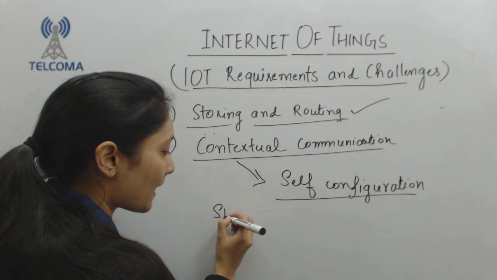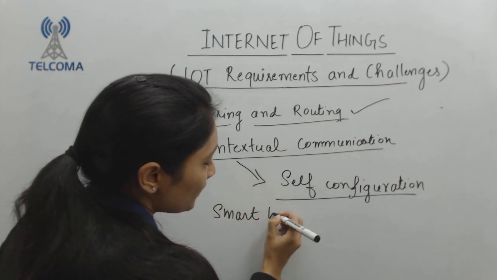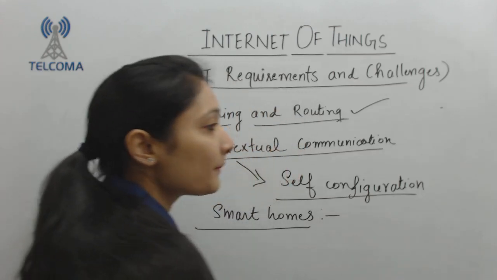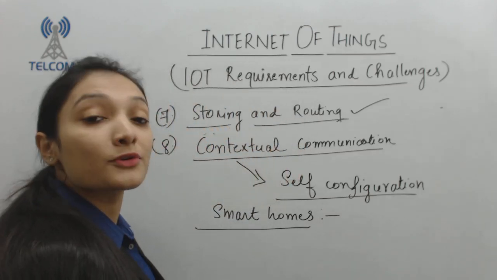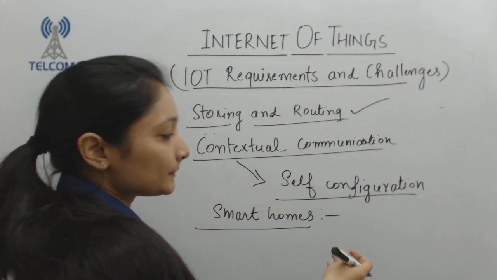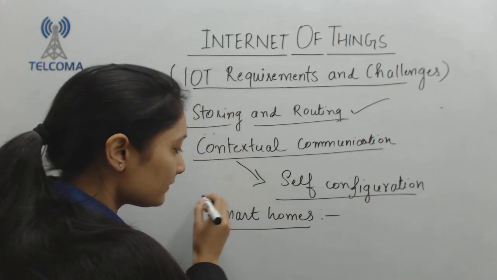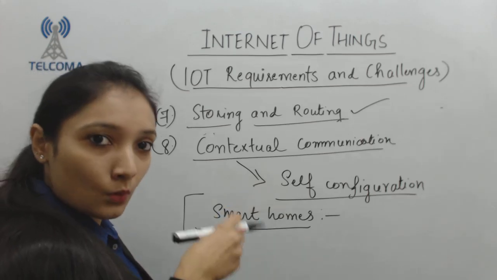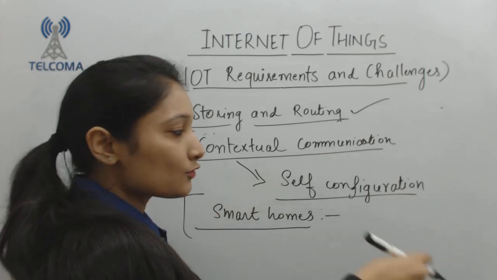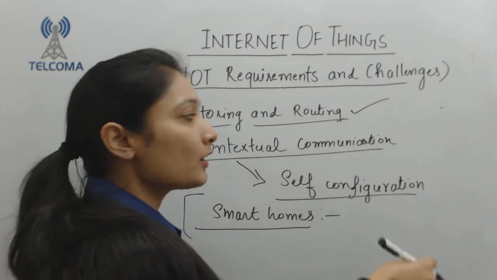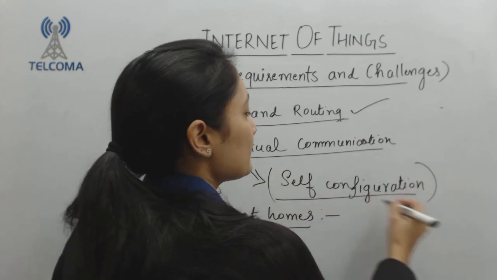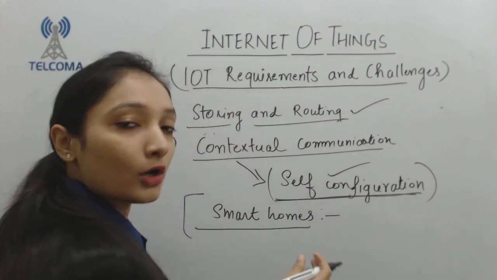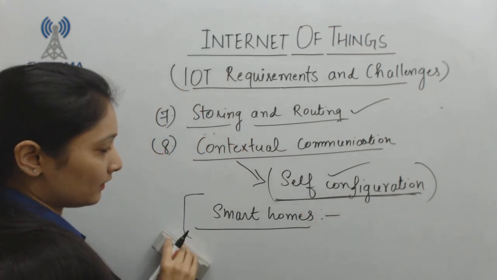Now if you take an example of your smart home, it will have different kinds of context which will depend upon the temperature, the number of occupants in the home, the location, and so on. So these are the different kinds of context which need to self configure, and then they should be able to send the information to the other nodes. That means it should be an intelligent system here, or a self configurable system.